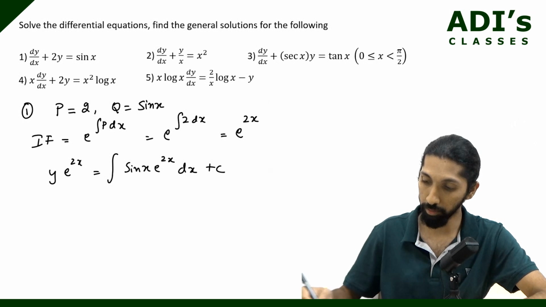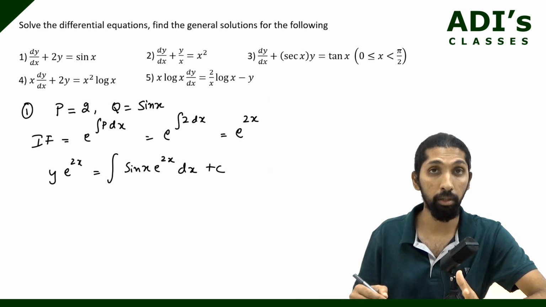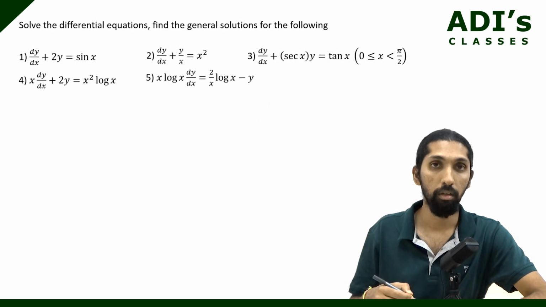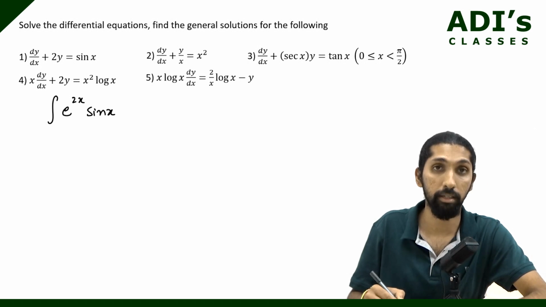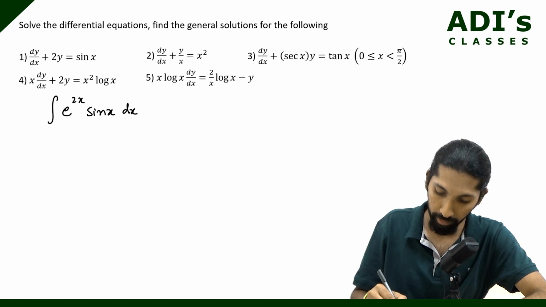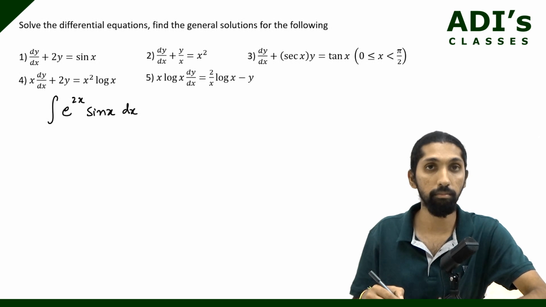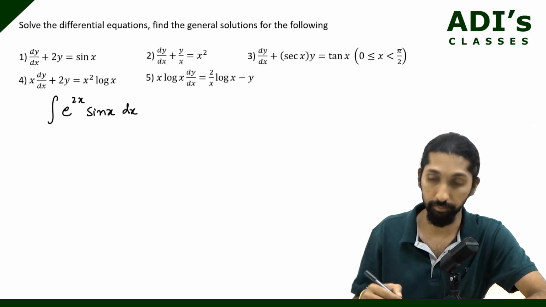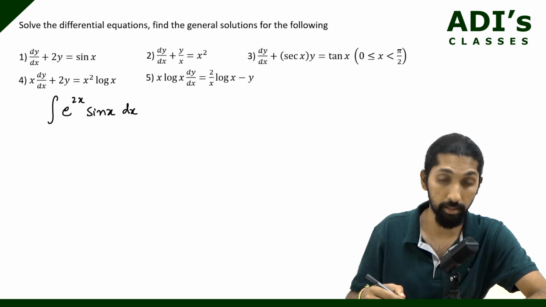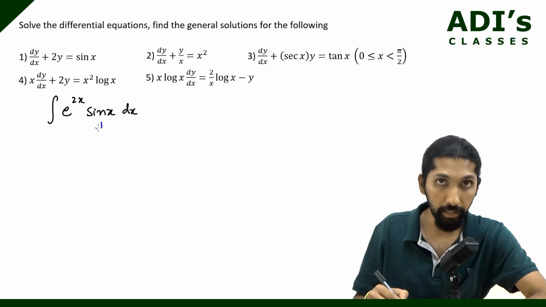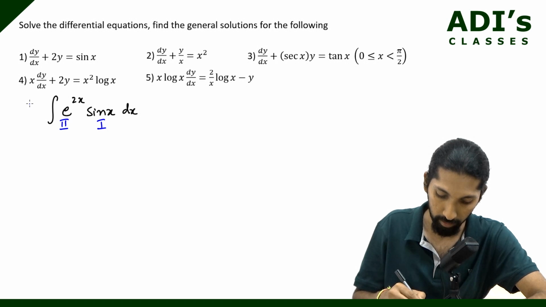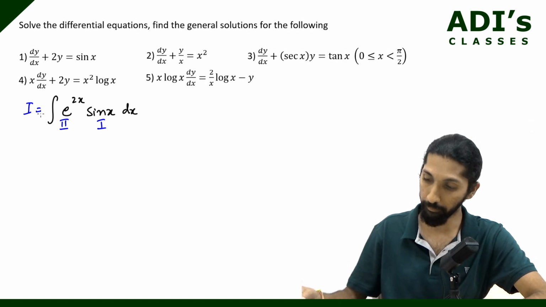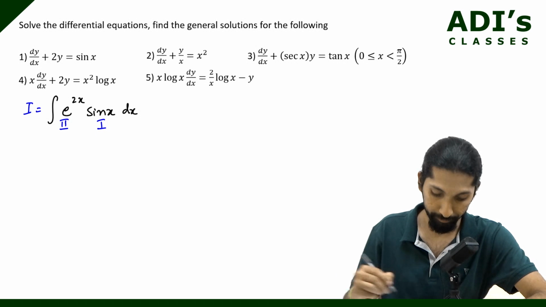Now what we are going to do is just e power 2x into sin x. See, we have e power 2x into sin x, correct? Here we need to do the product, isn't it? So we need to do integration by parts. Remember, this is going to be the first function, this is going to be the second function. Let's call this I, being the integral.